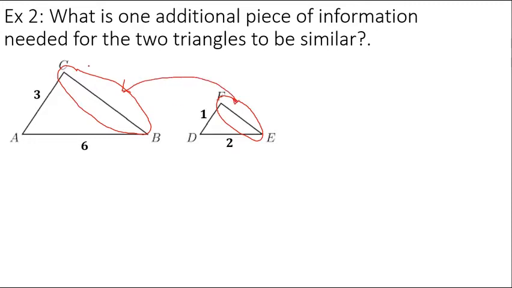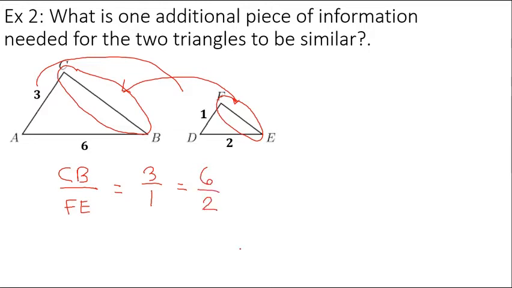So what we need to know is that CB over FE is equal to 3/1, and that's also equal to 6/2.